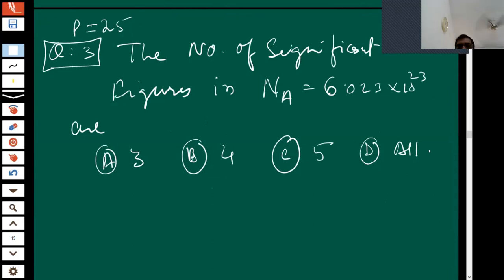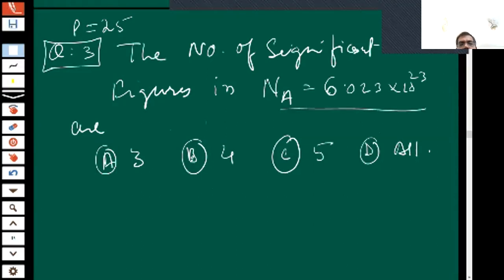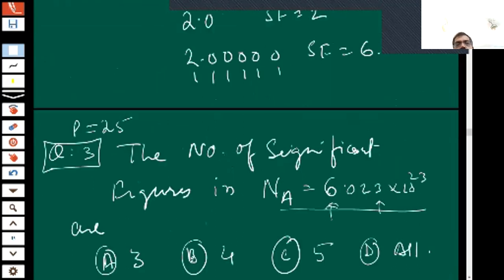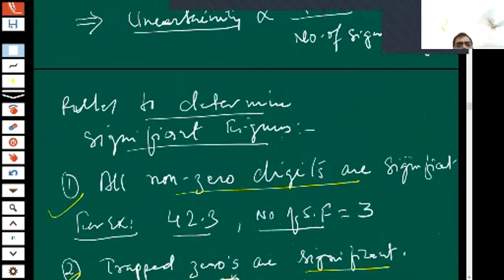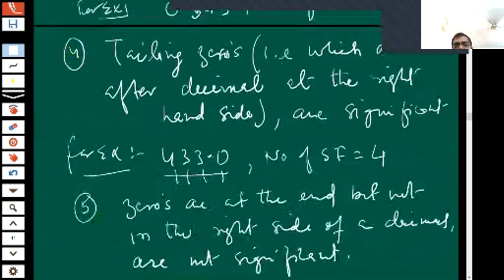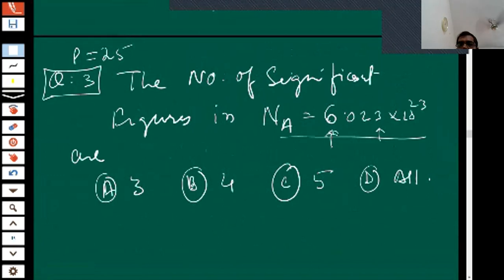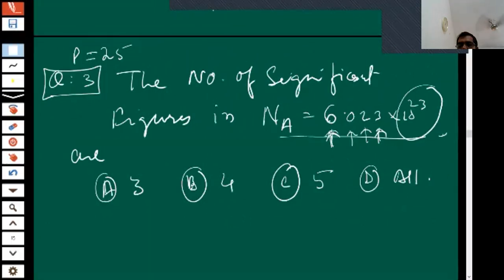Okay, children. So according to the options, see rule number 1. What was the rule? All non-zero digits are significant figures. So here, this is non-zero, this is non-zero, so they are significant, and this zero is also significant, and this trapped zero, they don't have any contribution.